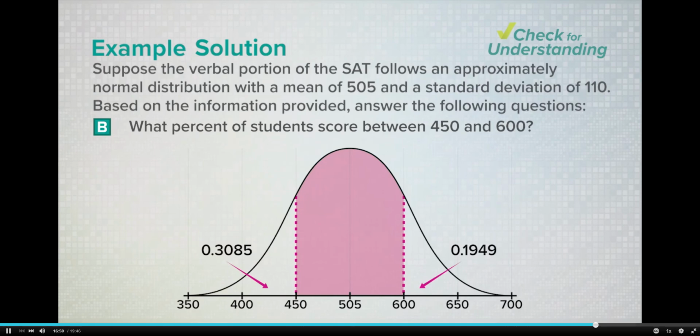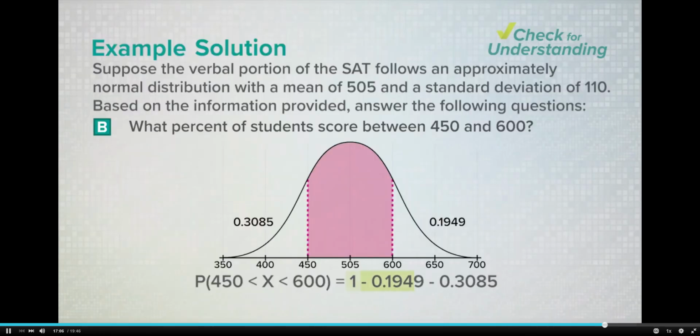I don't need to subtract it from 1 because that's the area of the unshaded region on the left. However, what I'm looking for is the shaded area in the middle. I need to take these two tails and subtract it from 1. What I'm looking for is the proportion of people who scored between 450 and 600. That's 1 minus the 0.1949 minus the 0.3085.